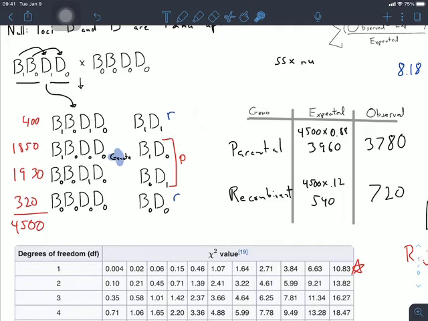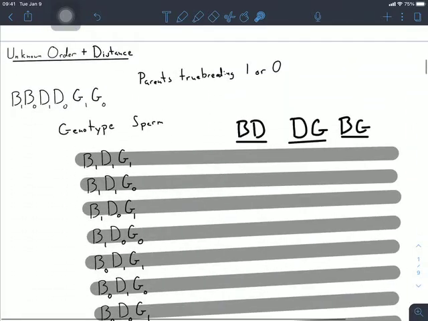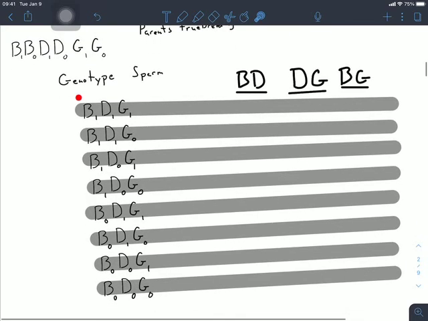It just happens to be more expensive to genotype sperm than progeny, particularly if the progeny can manifest the phenotype. So you have both situations in real biology labs. But here we're going to be looking at sperm, meaning that all of our genotypes are going to be haploid. So we've got our single letter per locus, and then we've got our trihybrid.